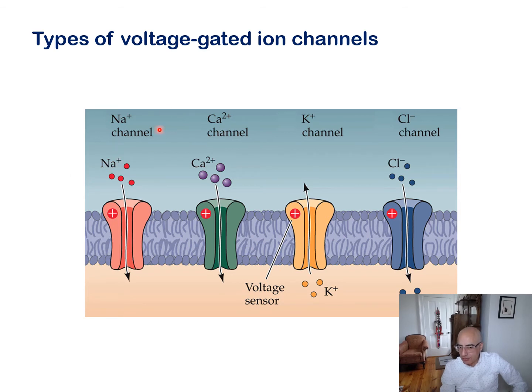As you see, the direction that is schematically shown is different for the different ions, but this has nothing to do with the properties of the channel. We'll come back and discuss what decides which direction these ions go through. It is not the channel that decides that. It is a different factor.